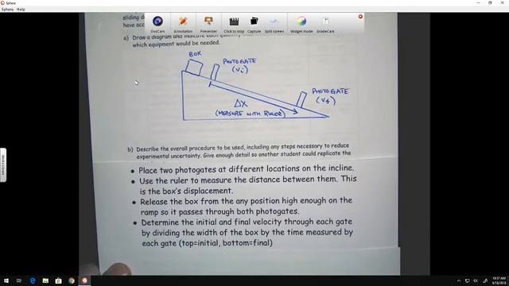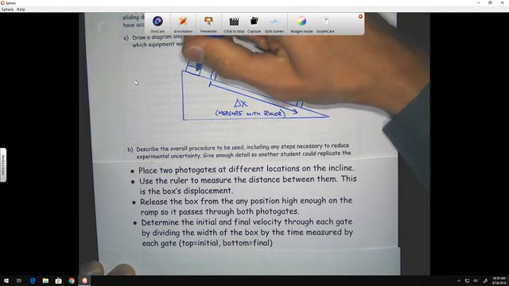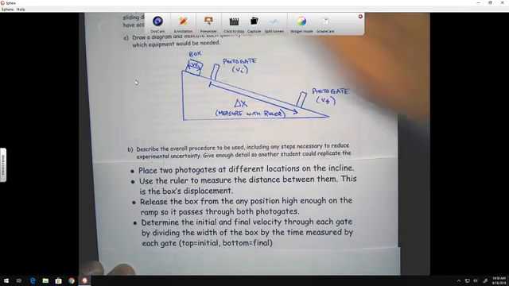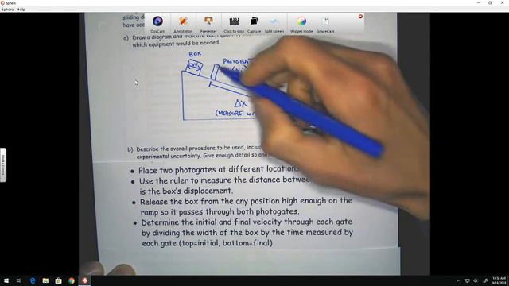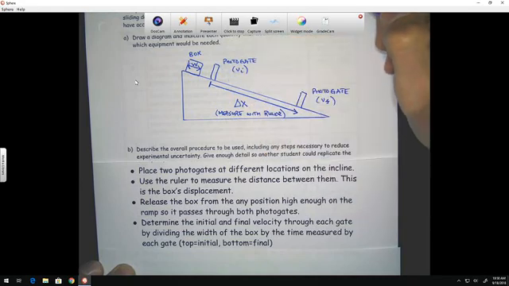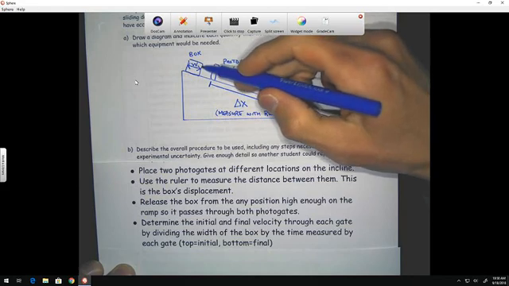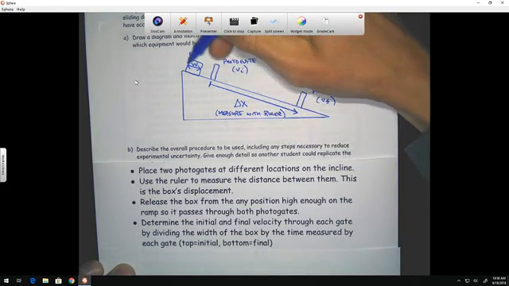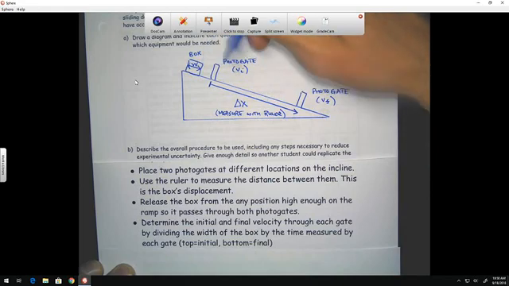You would determine the initial and the final velocity through each gate by dividing the width of the box by the time that's measured by each gate. So if the gates are just measuring time, which they were for us when we did our experiments, you would actually need to measure this width, W, and divide that by the time to find the velocities. It's probably not a bad idea to mark W up here, because remember the distance and the time from the photo gate are what give you the velocity.